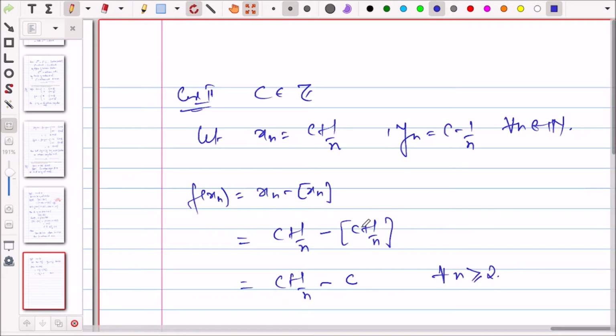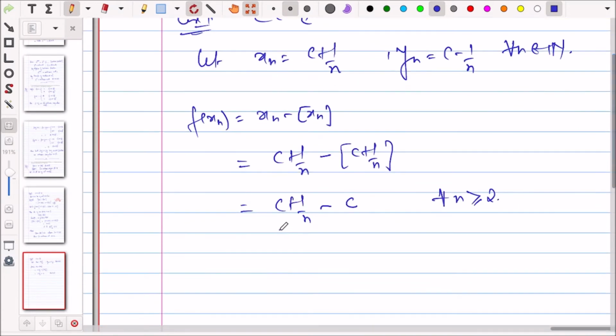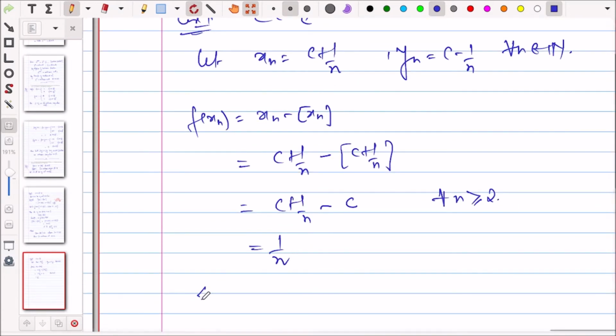For n equal to 1, this will become c plus 1, which is again an integer, so we exclude the case when n equal to 1. So this is equal to 1 by n, so f of xn converges to 0.